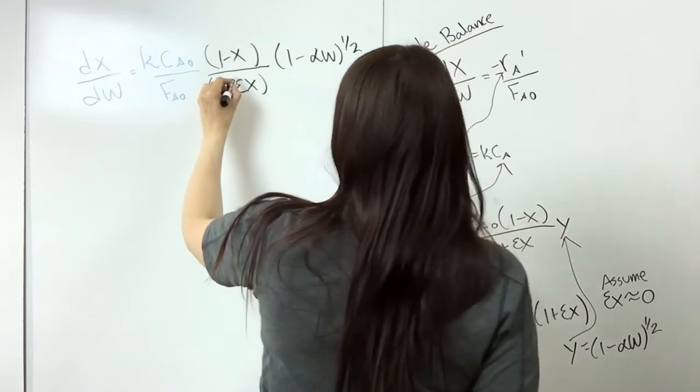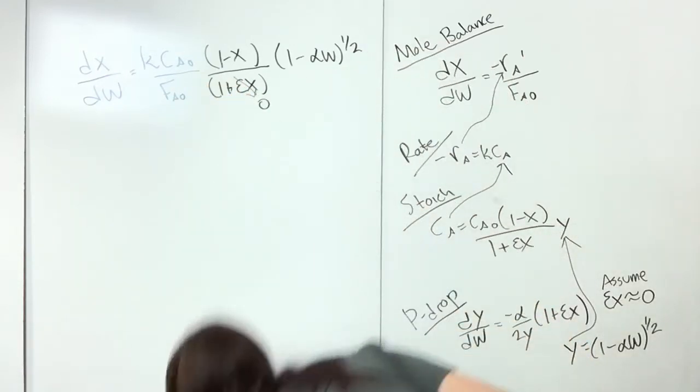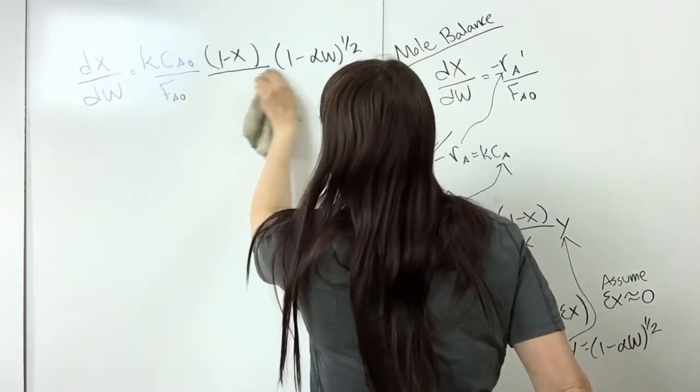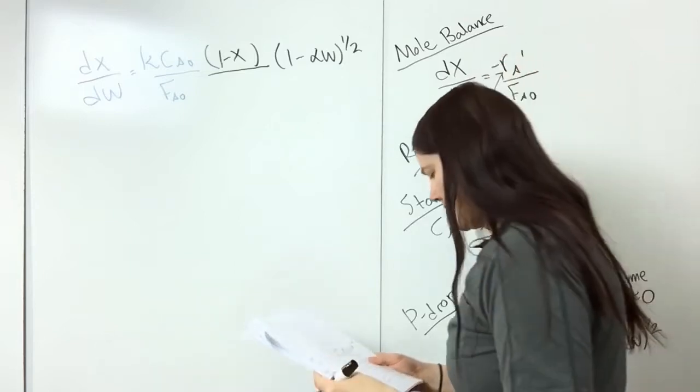And I'm also assuming that epsilon is approximately 0, so I'm just going to take that out of the equation. You could leave it in there to stay more general, or you can take it out.